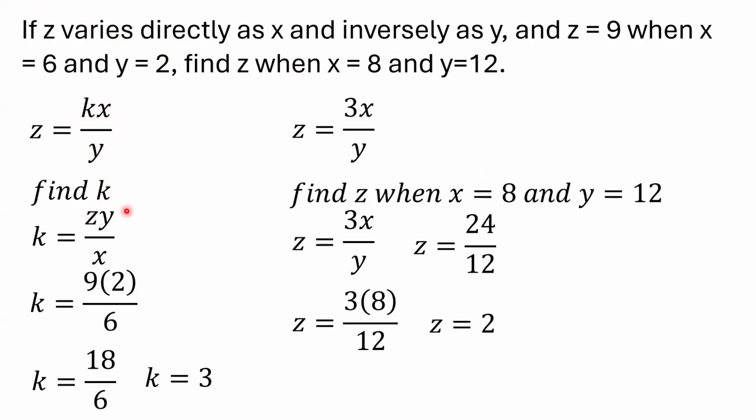Find k, given that z is equal to 9 when x is equal to 6 and y is equal to 2.